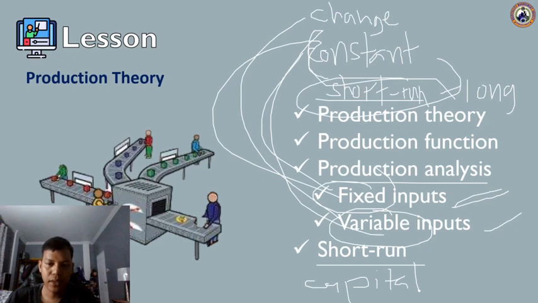The capital is considered constant in the short run. So capital is one example of a fixed input, which is constant in the short run.